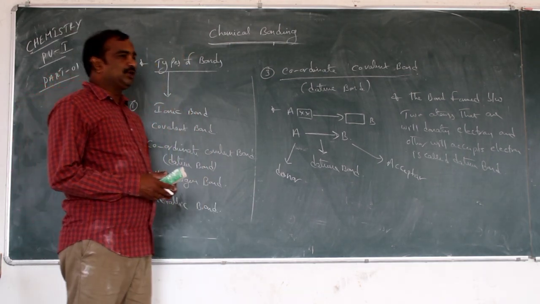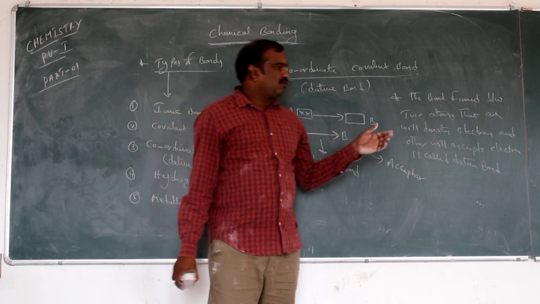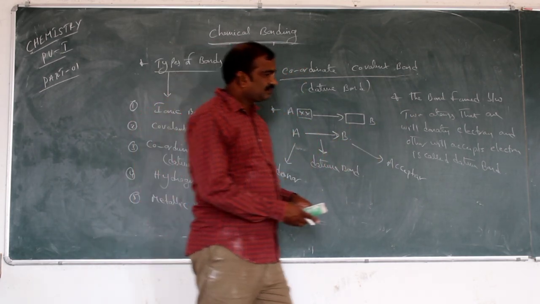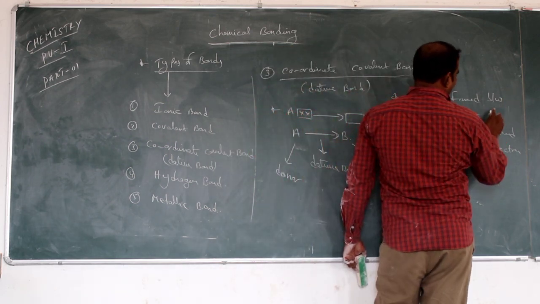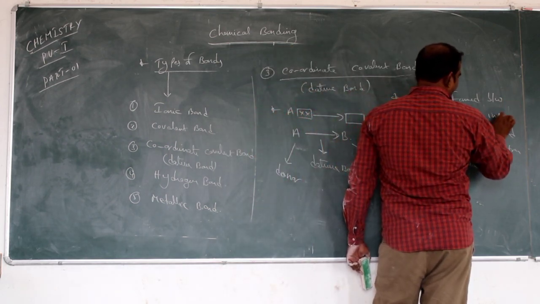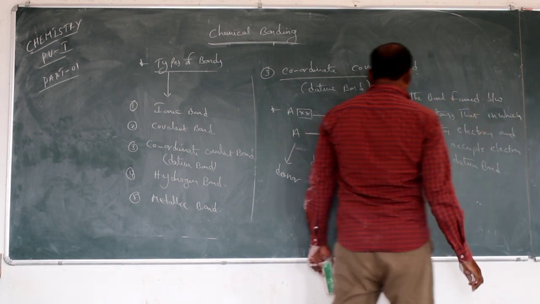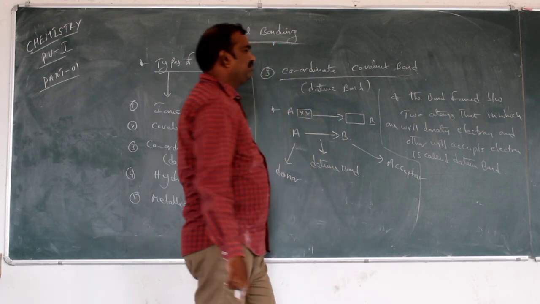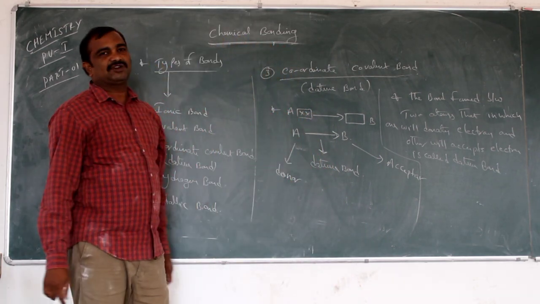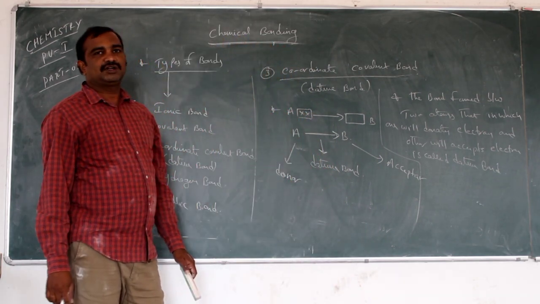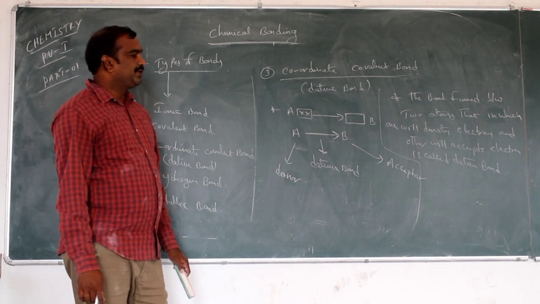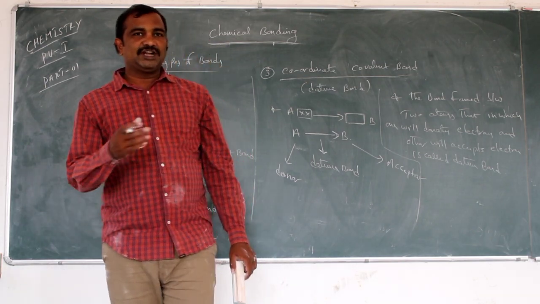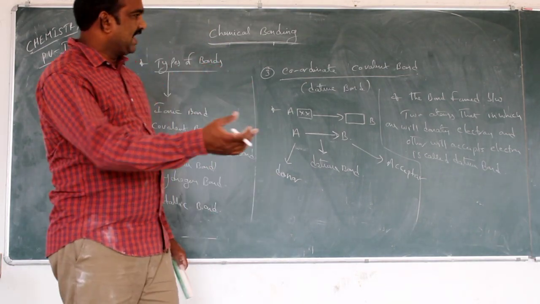So the bond formed between two atoms in which one will donate electrons and the other will accept electrons is called a dative bond.